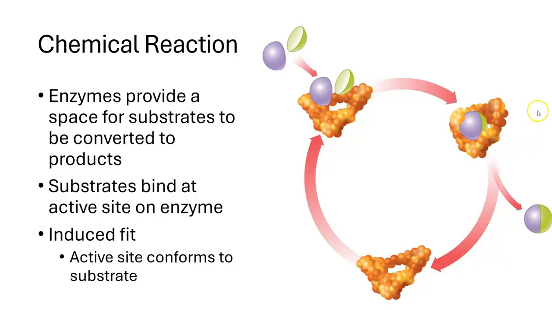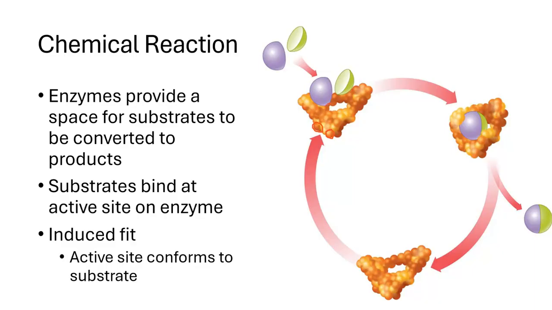So over here we have an enzyme. So these kind of orangish, dimply looking structures are the enzyme. So it's representing, like, each one of these little circles kind of represents an amino acid that's making up the structure of that enzyme, since it's a protein.